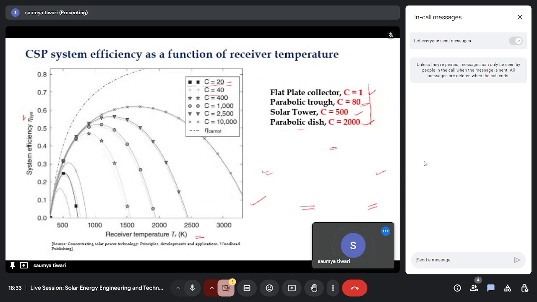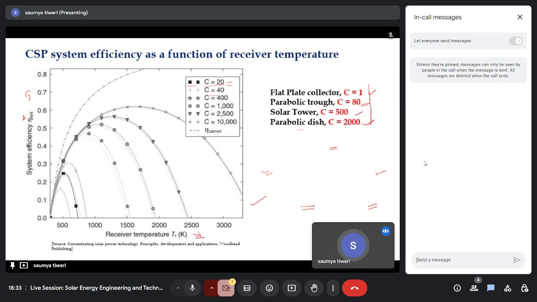This graph shows, as the receiver temperature increases, what the system efficiency is. Note that the system efficiency is not just your collector efficiency, it's a function of both collector efficiency and Carnot efficiency.